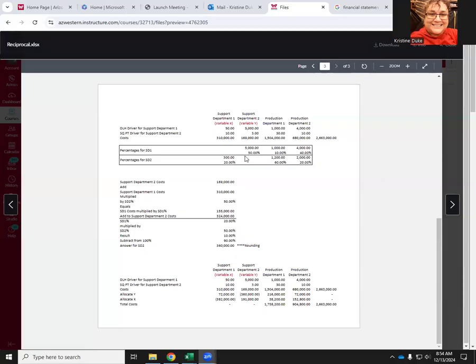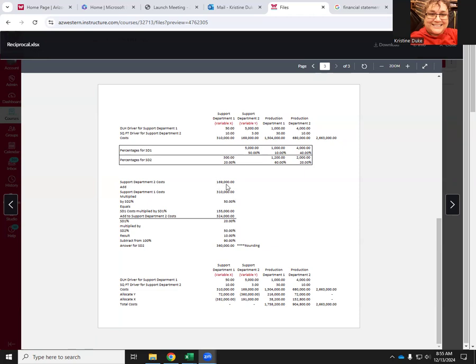Okay, so I found it. Now, you already have this in Excel on here. Oh my gosh, this drives me nuts. Basically, you've got to figure out what percentage, and that's what's happening here. There's my percentages for support department 1, support department 2.